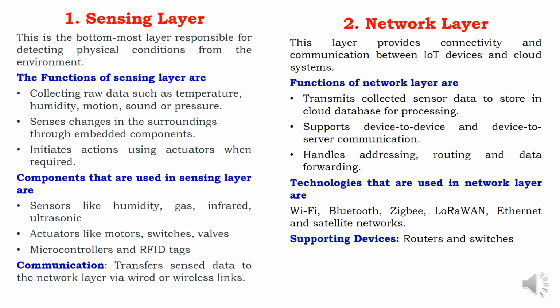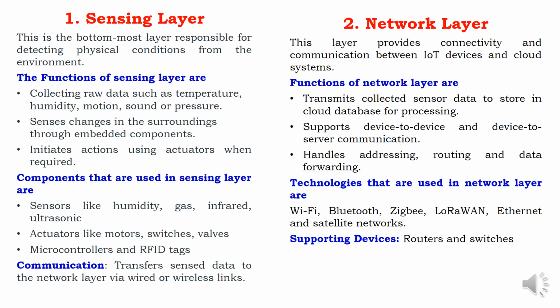The second layer is network layer. This layer provides connectivity and communication between IoT devices and cloud systems. Functions of network layer are transmitting collected sensor data to store in cloud database for processing. Supports device to device and device to server communication.